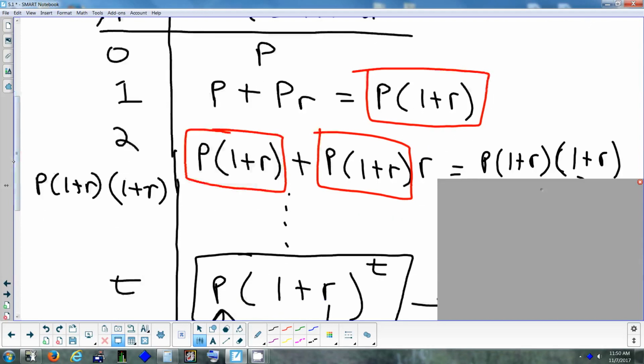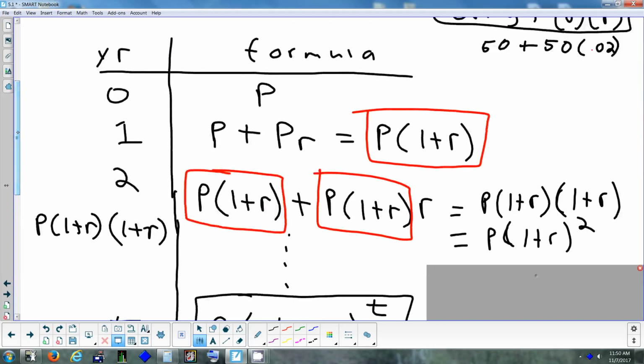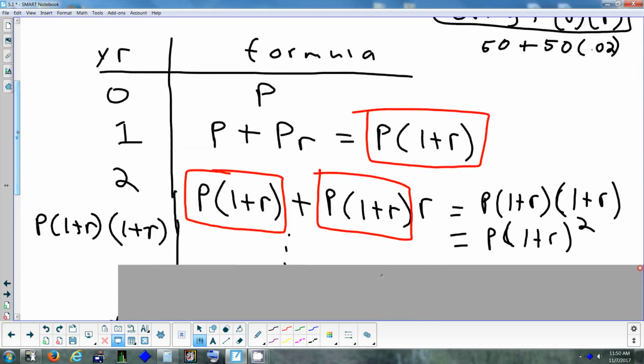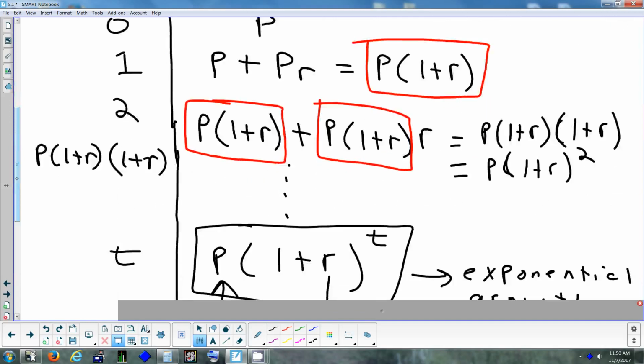P times 1 plus r squared. After 3 years, it would be P times 1 plus r to the third. After 20 years, P times 1 plus r to the 20th. After t years, it would be P times 1 plus r to the t.